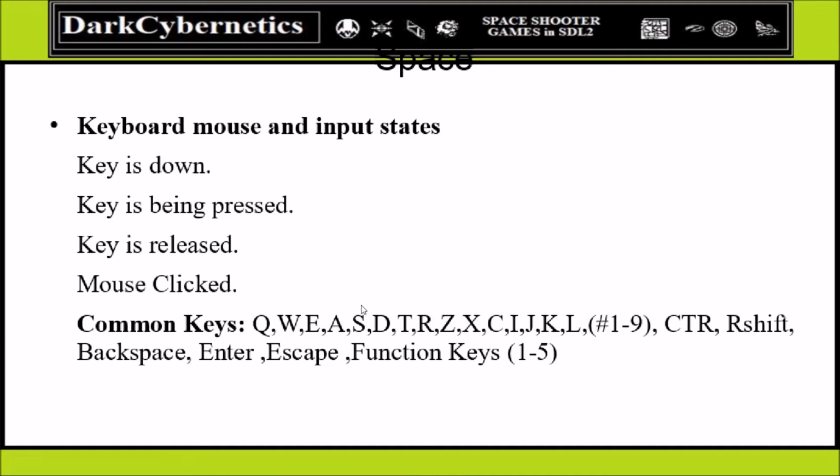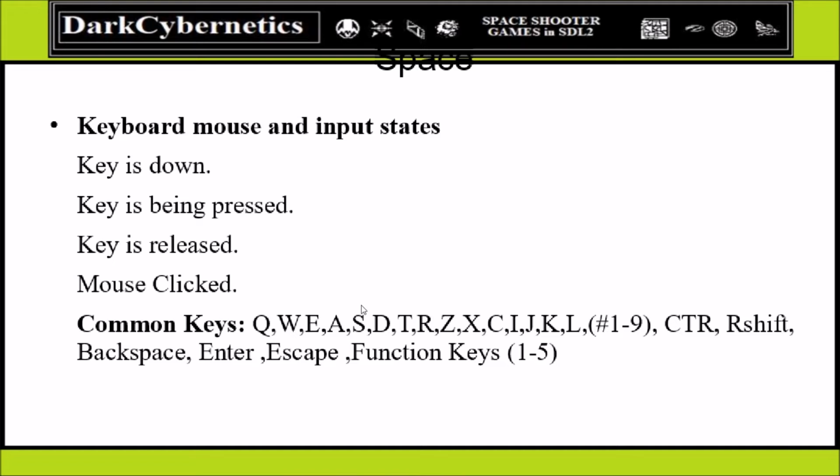For the keyboard and mouse input states, there's states like: is the key pressed down? Is the key being pressed? Is the key being released? And is this a mouse click, right? There are common input keys. The QWE, ASD, TR, ZXC, IJKL are common input buttons.